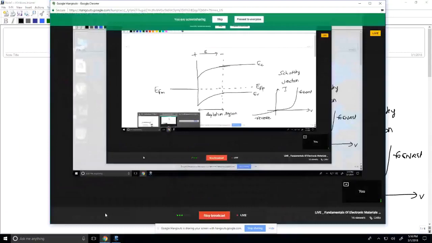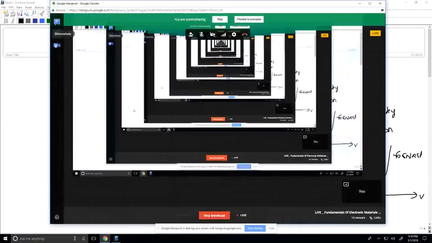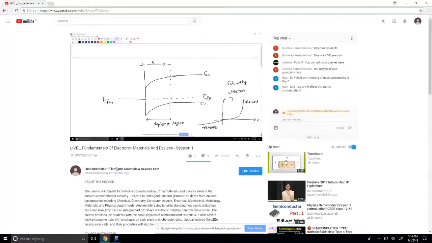One of the questions is about the trap states that are formed in between band gaps and how they will affect carrier concentration. Let me try and redraw the band gap for you.